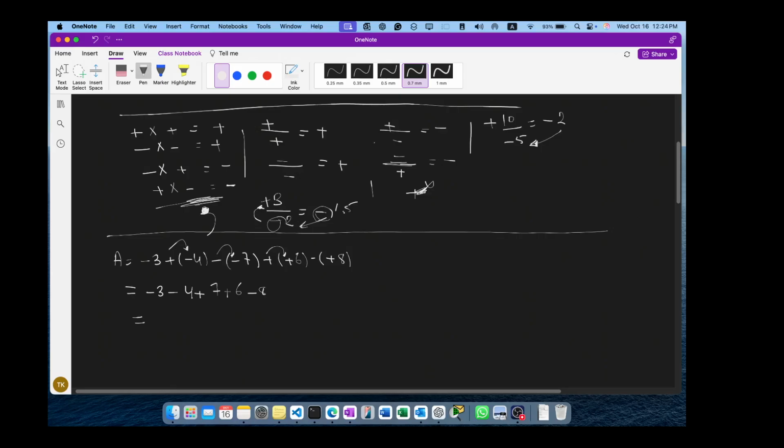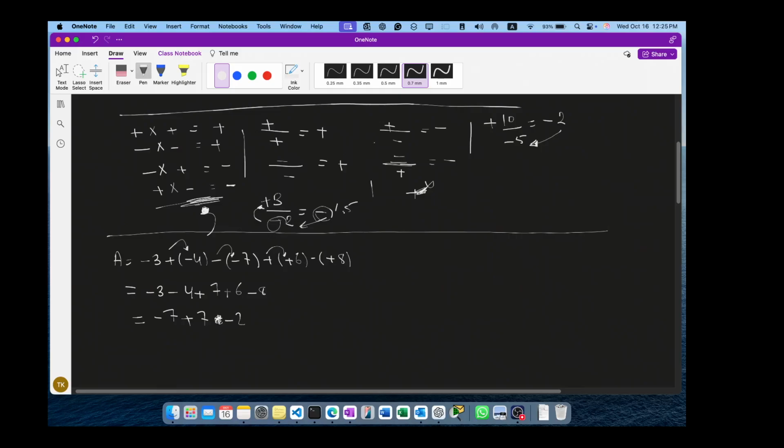Now, let's do subtraction and addition. Minus 3 minus 4, I have the same sign, so I will add: minus 7 plus 7 plus 6 minus 8. I can do it.